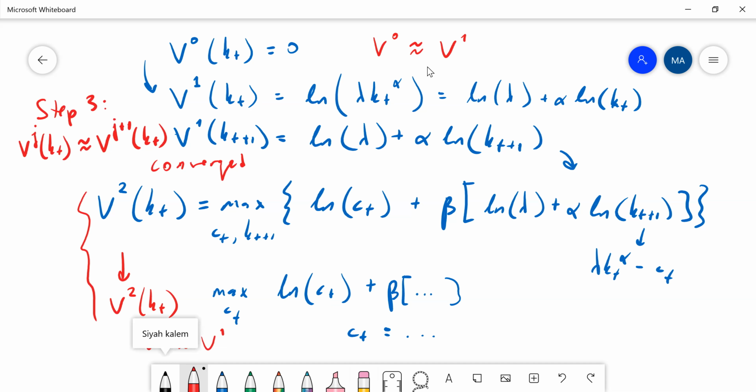Now I'm going to use V2 to write V3 in this way, and I will continue. That's the idea of value function iteration. We are iterating over the Bellman equation, and step by step we get closer to the true value function.